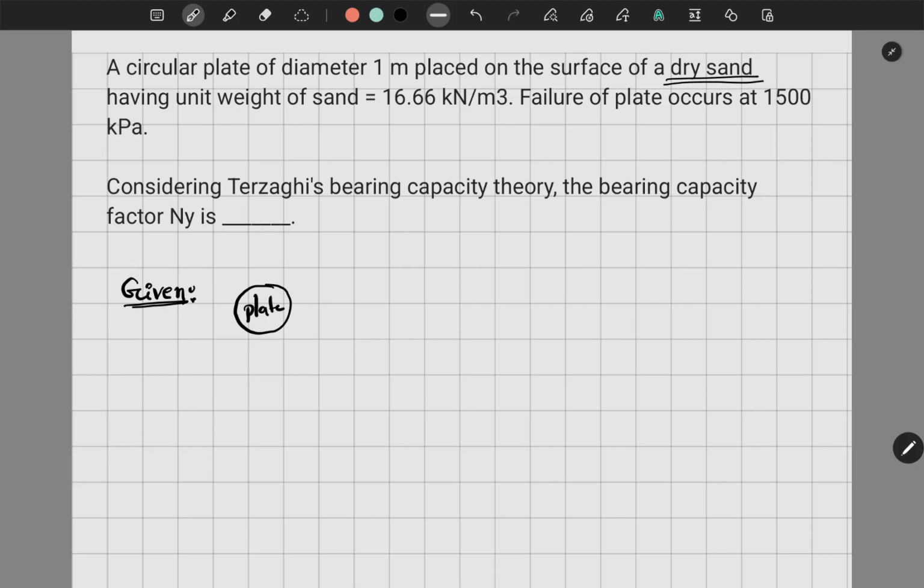The plate is circular with diameter 1 meter, and the density is 116.66 kilonewton per meter cube.